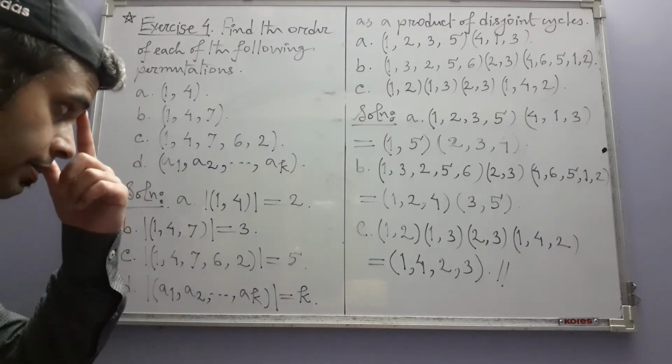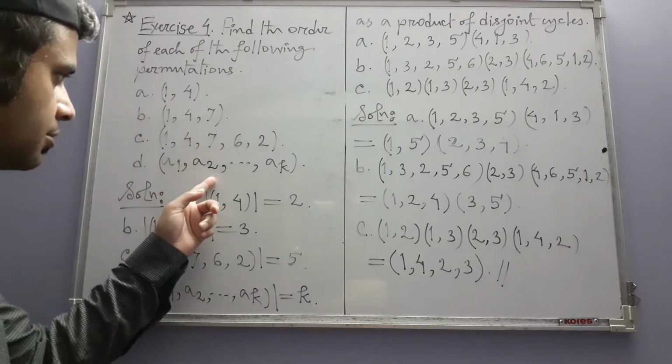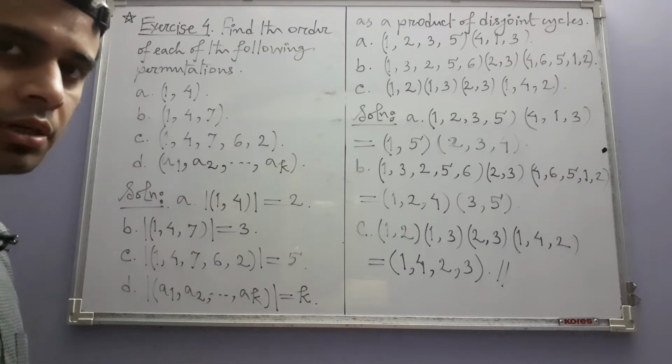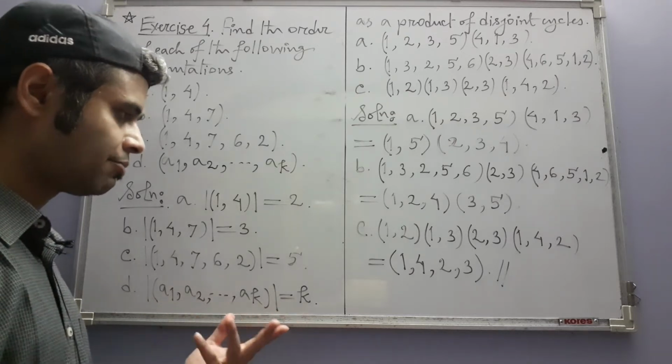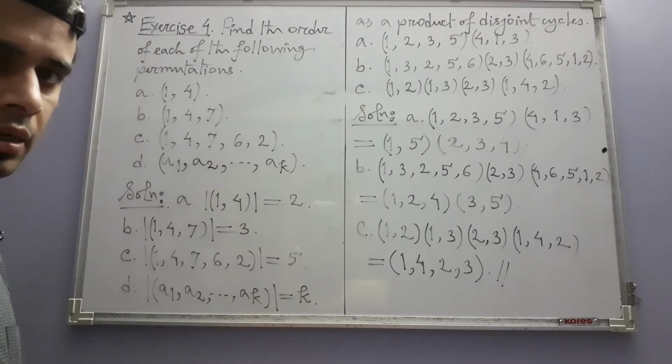You can see that here each one of the permutations is a cycle, so we just have to know the order of an n cycle. It is n.